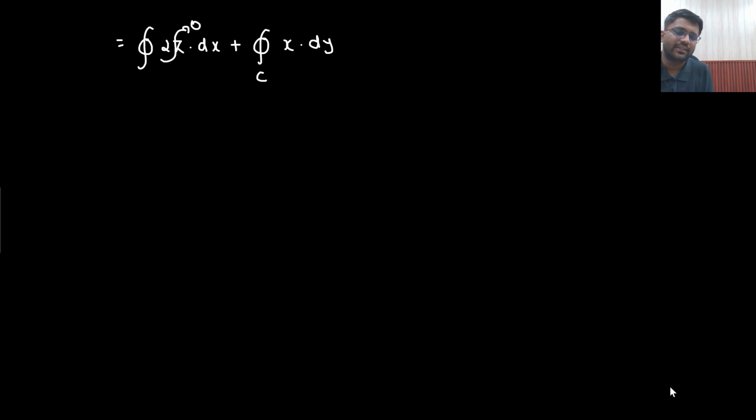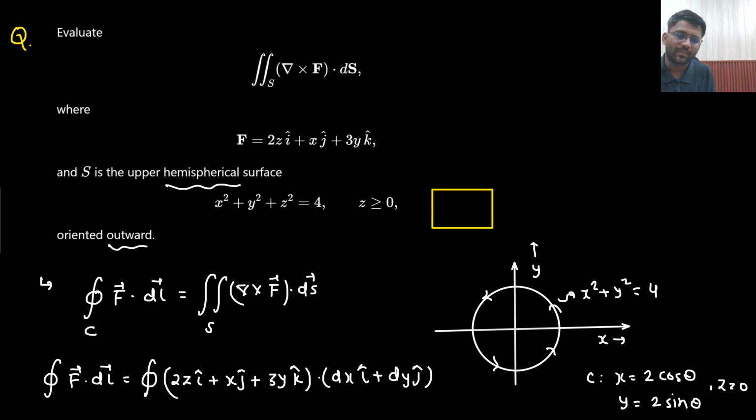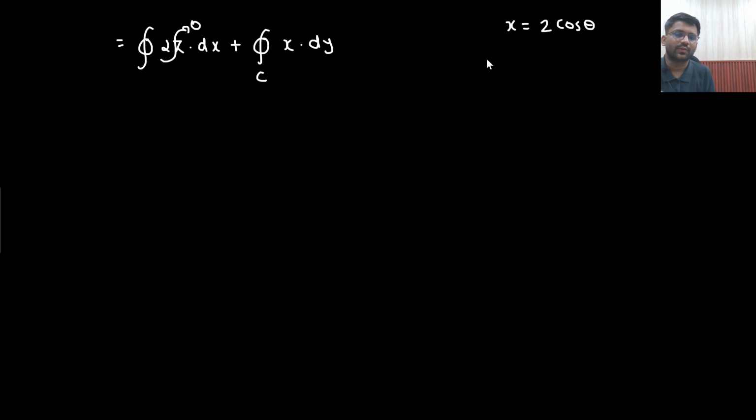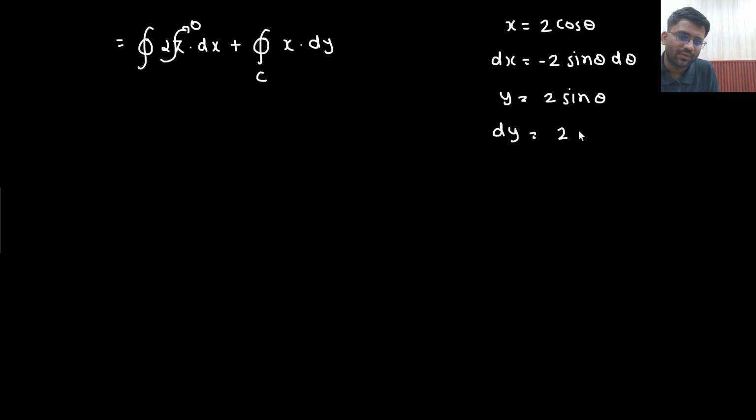Now on this curve I need to calculate x dy. X square plus y square equals 4. X equals 2 cos theta, dx equals negative 2 sin theta d theta. Y equals 2 sin theta, dy equals 2 cos theta d theta.